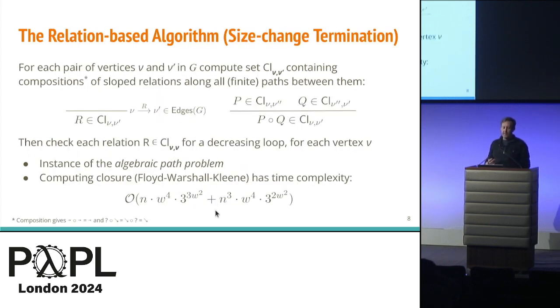In contrast, the relation-based algorithm works by computing a set of sloped relations for each pair of vertices, and each of these sloped relations corresponds to the composition of all of the relations along some finite path between those two vertices.